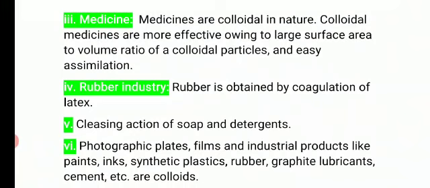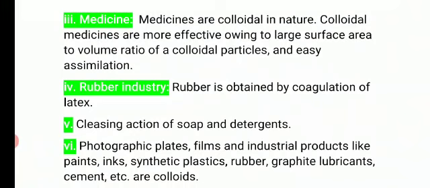सो उसको ट्रीटमेंट करके फिर टेंसाइल स्ट्रेंथ और उसकी थर्मल स्टेबिलिटी इंक्रीज करके फिर वो उसको हम लोग रेगुलर यूज़ में लेके आते हैं. So in the rubber industry, the rubber is obtained by coagulating latex. Understood? Latex is the thing which comes out from the rubber tree only. सो लैटेक्स को ट्रीटमेंट करके फिर उसका प्रेसिपिटेट बनाया जाता है, यानी मोर एनहांस क्वालिटी रबर बनाई जाएगी, जहाँ पे उसकी थर्मल स्टेबिलिटी ज़्यादा होगी, हायर टेम्परेचर पे भी वो मेल्ट नहीं होगा, उसकी टेंसाइल स्ट्रेंथ ज़्यादा होगी, यानी वो जल्दी टूटेगा भी नहीं.